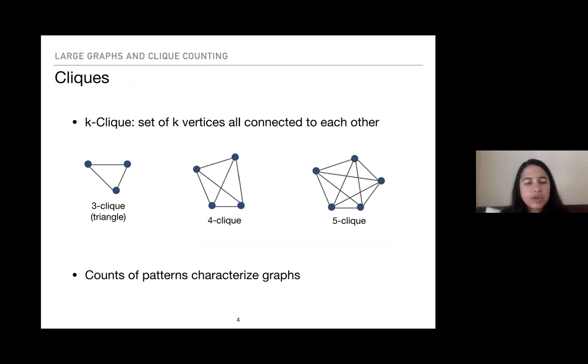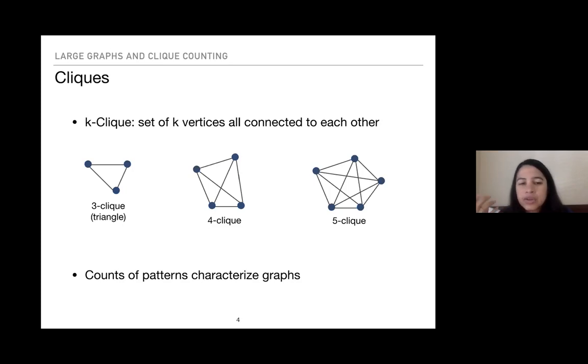So a k-clique, as we all know, is a set of k vertices all connected to each other. So we can have a 3-clique, which is a triangle, a 4-clique, 5-clique, and so on. And the reason cliques are important is because they often have some significance in the context of the phenomena that the graph is trying to represent. So for example, in the case of the Facebook graph, a clique of size 5 could point to a set of 5 friends.